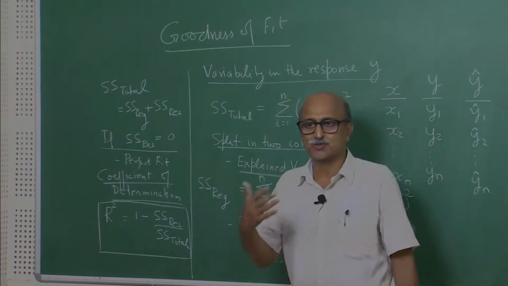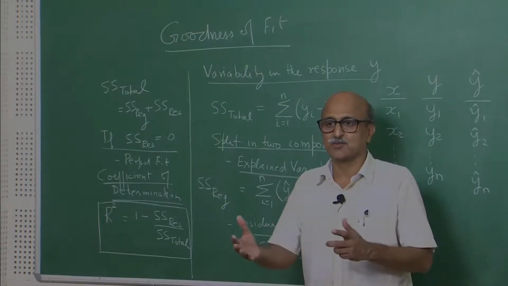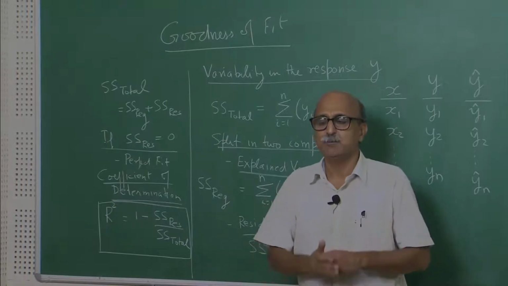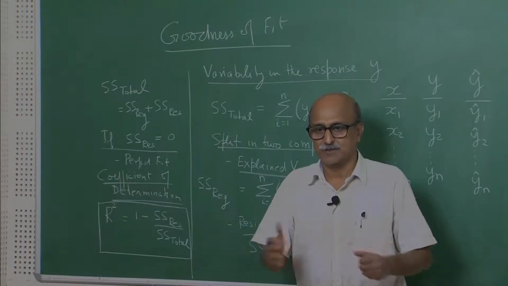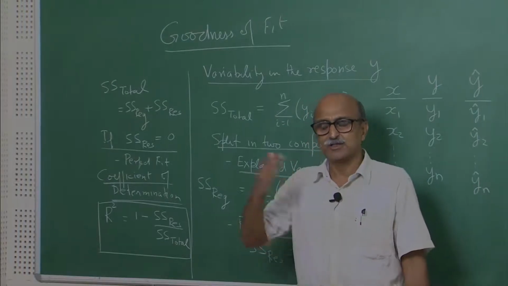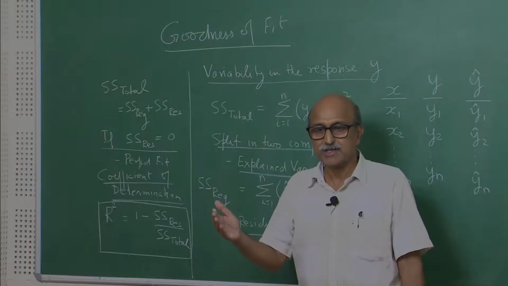So, R square is going to be 1 for a perfect fit. For all other fits, R square is going to be less than 1, and R square is going to vary between 0 and 1.